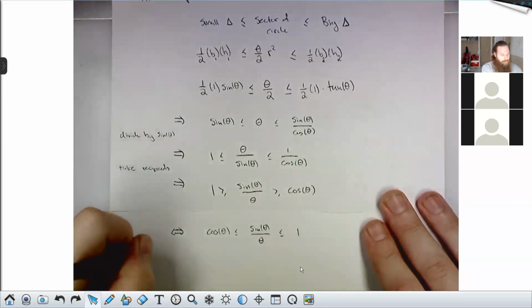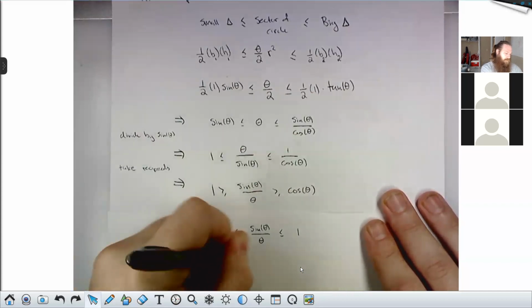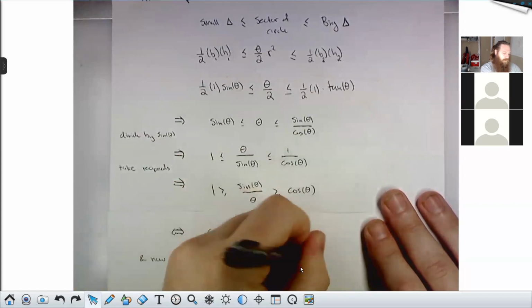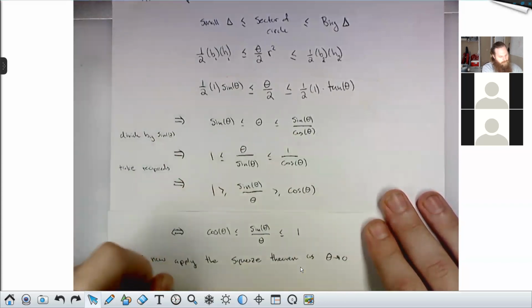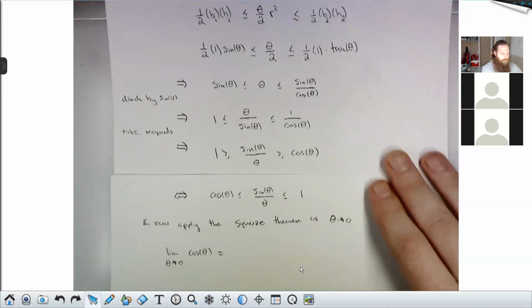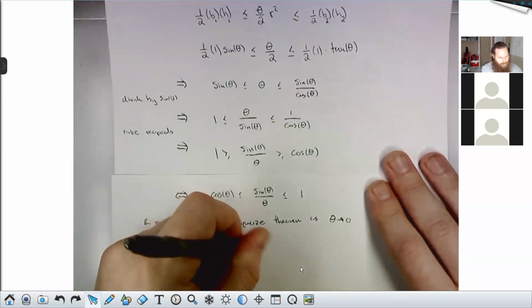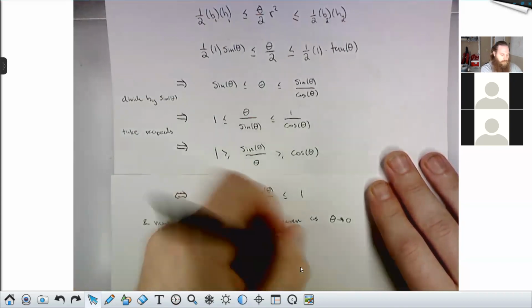And now apply the squeeze theorem. As theta goes to 0, I get the limit as theta goes to 0 of cos theta. Well, cos theta is continuous at 0. This is just cos of 0, which is 1.